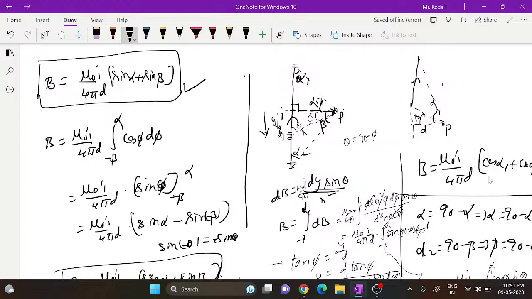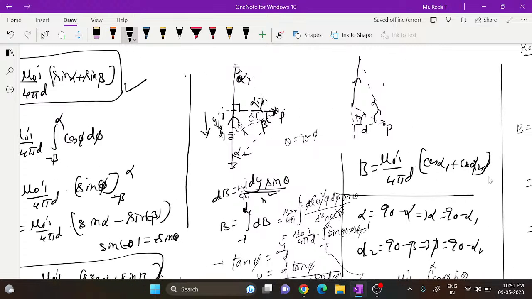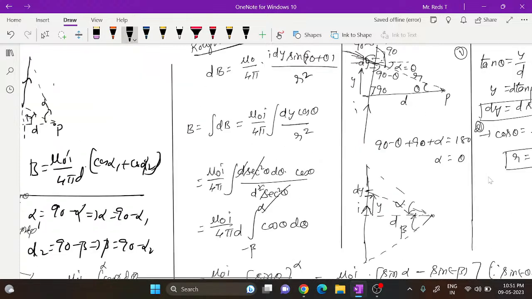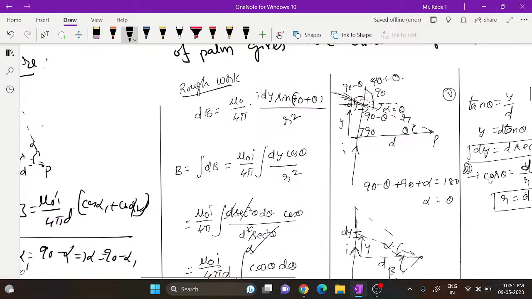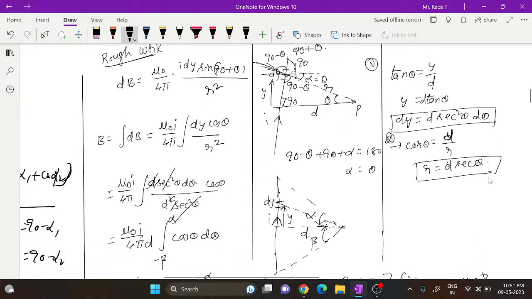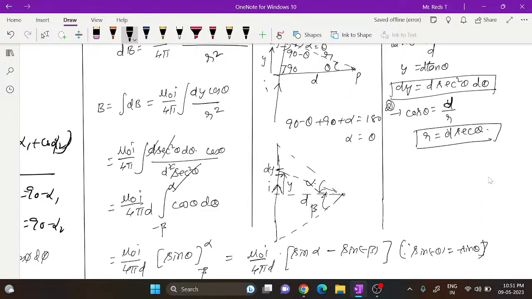If you see the diagram, you can draw it freshly for understanding purpose. I'm giving it here separately. This is the conductor. Due to this, at a point P, we want the magnetic field.